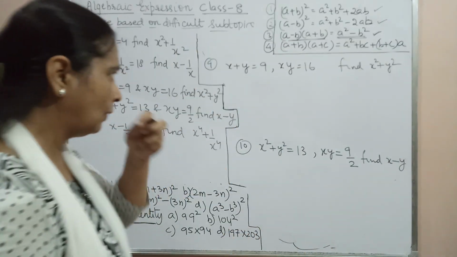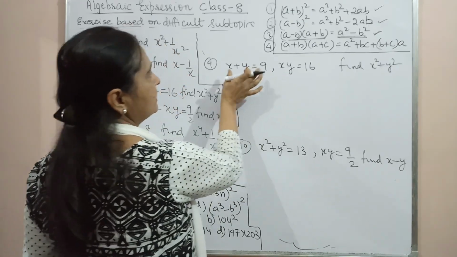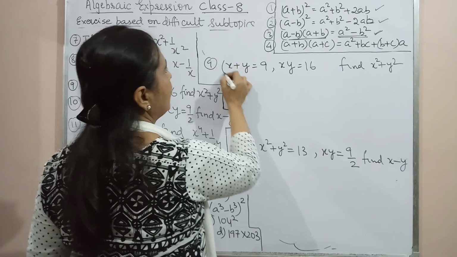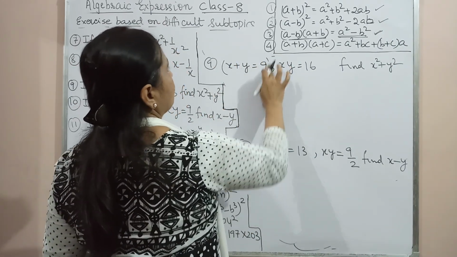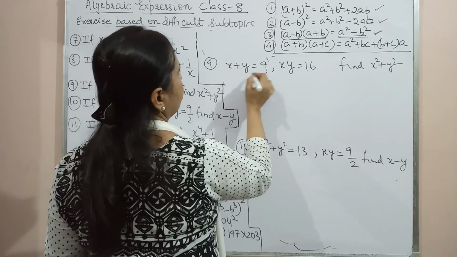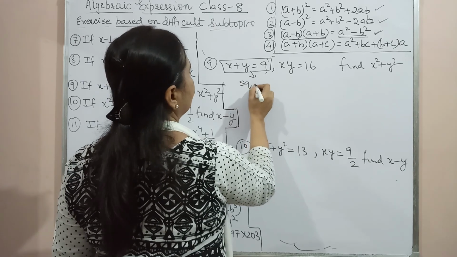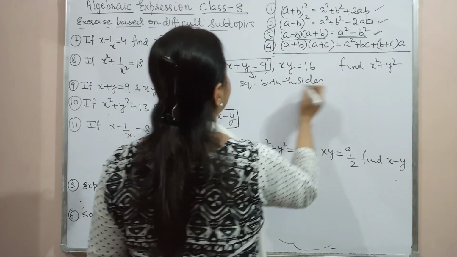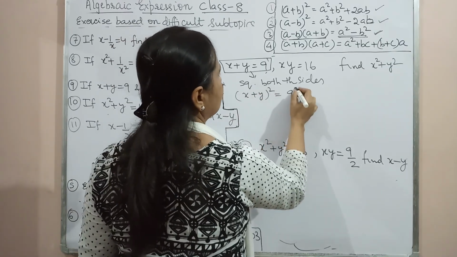Okay, so how to find it? In this case, to find this, what do we do? We square both sides. So we square this statement and square both the sides. So the square of x plus y is equal to the square of 9.